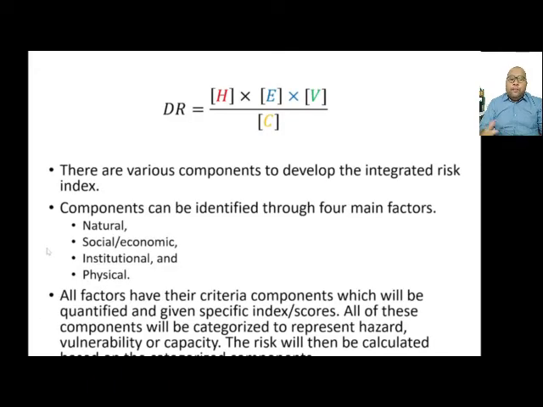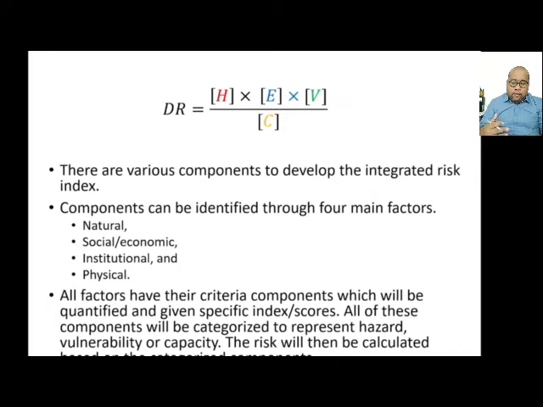If we want to develop the disaster risk index, okay, we need to have various components in terms of the H, E, V, and C. So the components have been identified through four main factors, okay, related to natural, social, and economic, and then institutional, and also the physical.